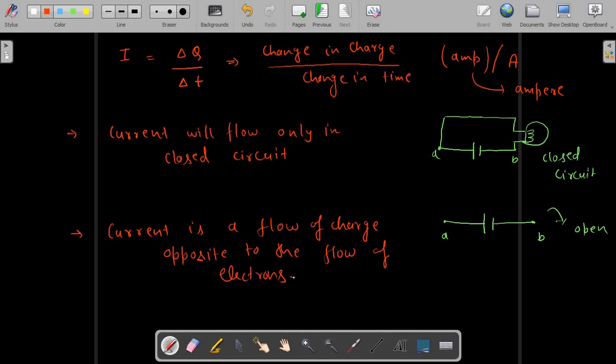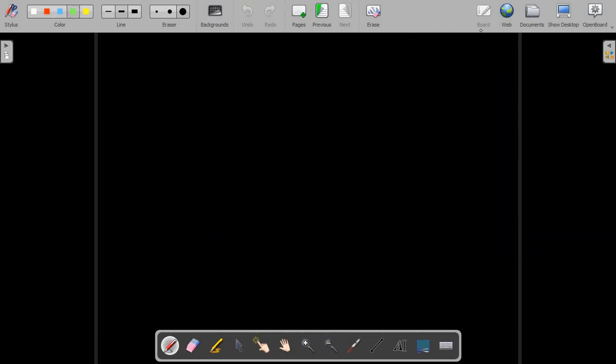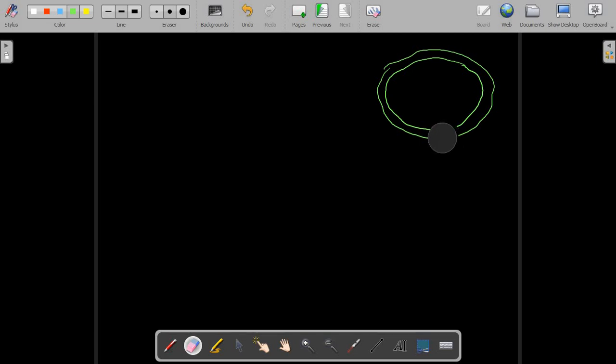Now, just to understand the current, I will explain something. Suppose this is a wire, and this is a wire, and this is a wire, and I have removed some part of the wire. This is point A, and this is point B. It is connected with some battery.